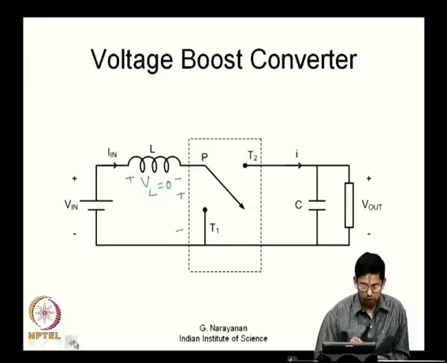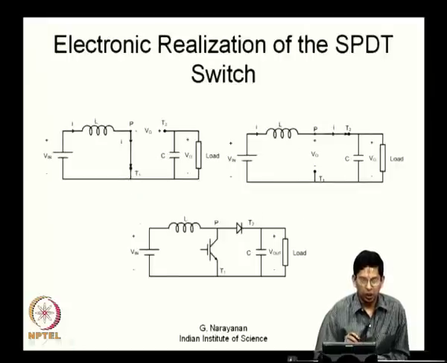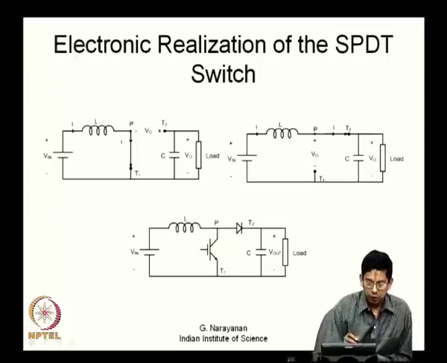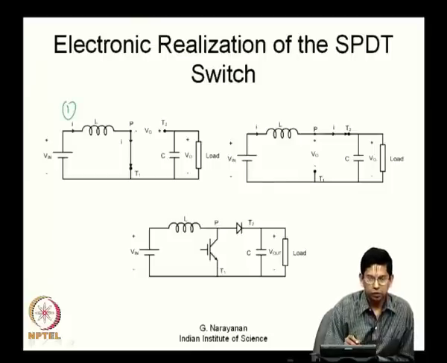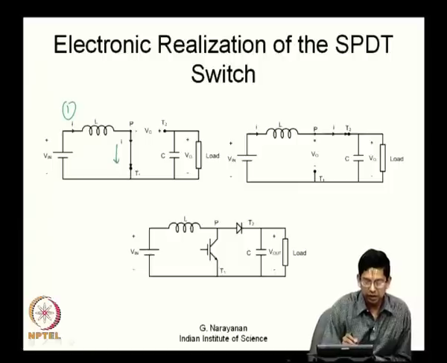So, let us move on further and see how this single pole double throw switch in a boost converter can be realized. The approach is similar to what we saw in the case of a buck converter. In the so called state 1, we have this pole P connected to throw T1 and this is the direction of conduction.